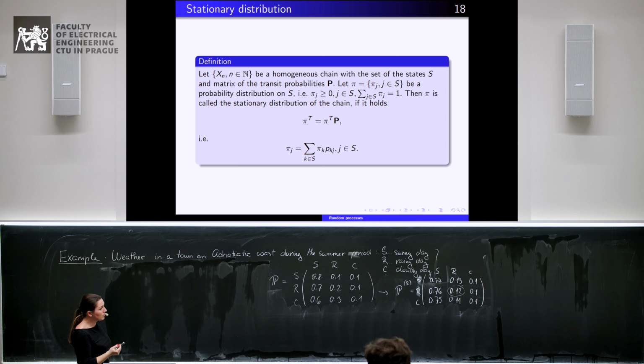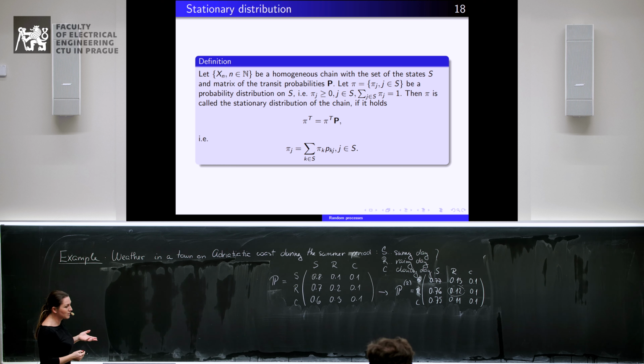Of course, we won't multiply these matrices of transit probabilities to the infinity. It would take quite a long time. So we will construct a system of n equations, which we will solve.